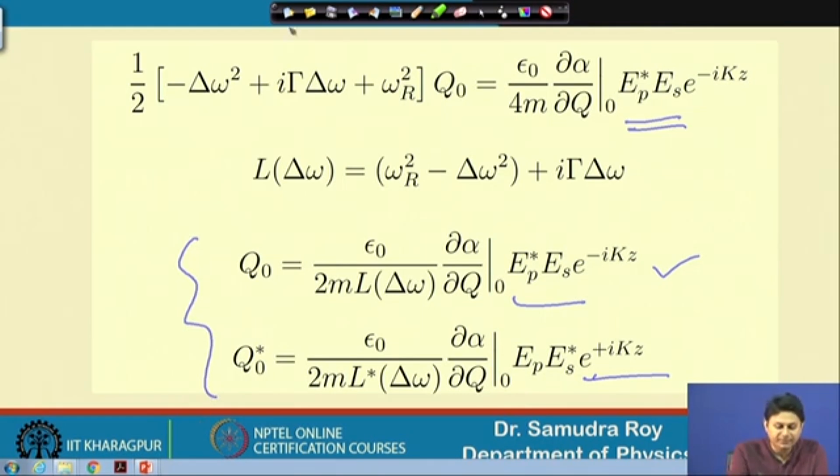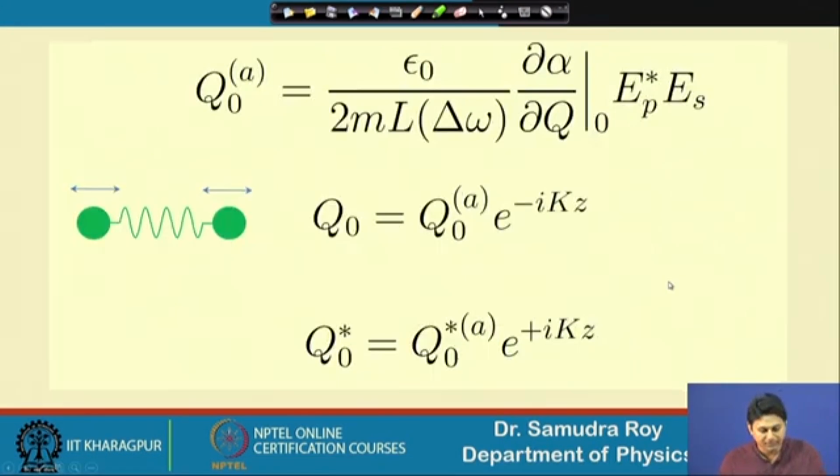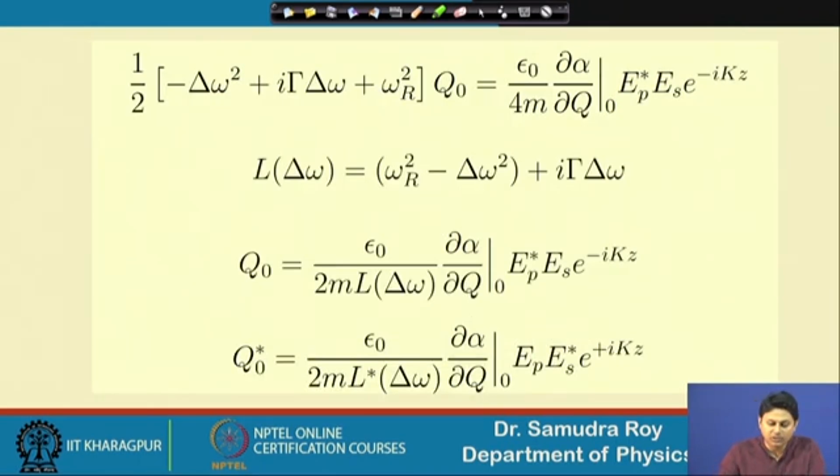So, once we have the q and q0 term in our hand, then we can write this q0 in form of amplitude and phase. Q0A here is the amplitude. So, here we find the total value.